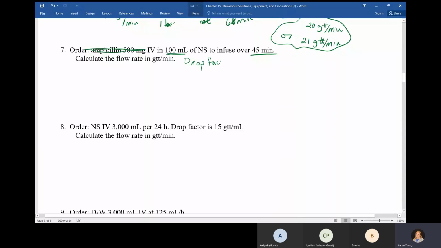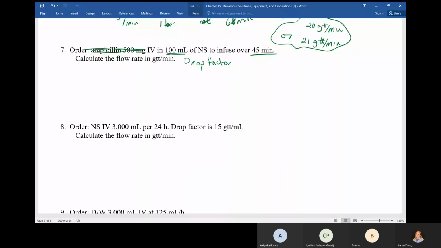So what happens if you're missing part of the order? What are y'all supposed to do? No, go ahead and say it. I didn't hear you. Well, that would start it, but we can't calculate the whole thing without a drop factor.